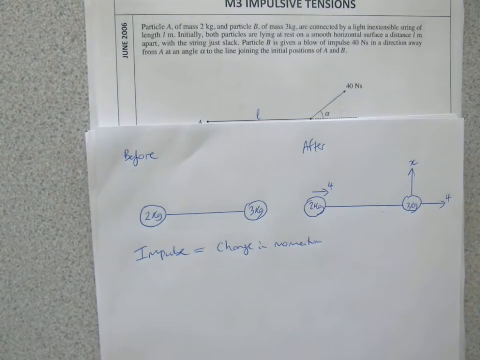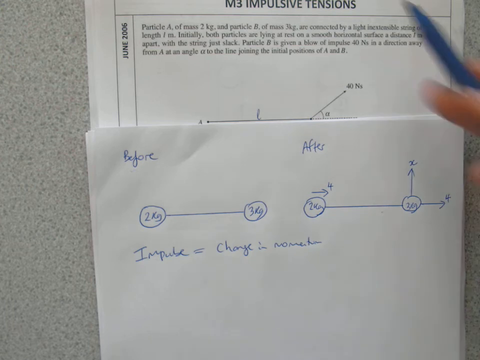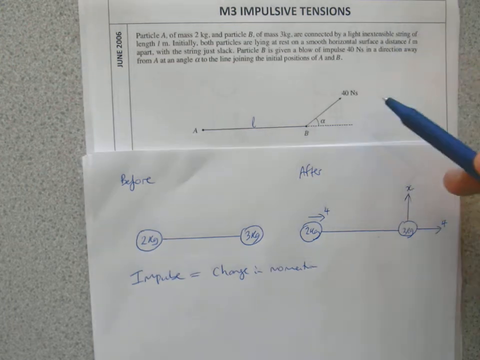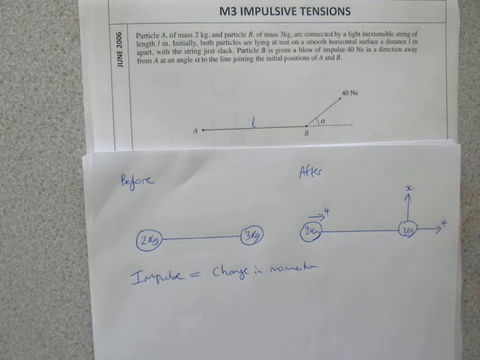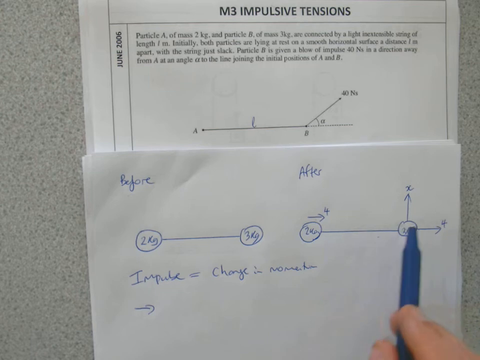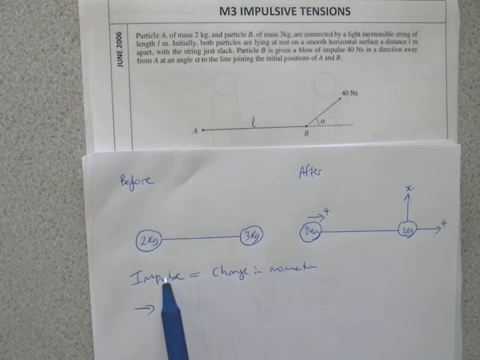Now, with this question, because they've given the impulse at an angle alpha, we need to consider the impulse horizontally and perpendicular to it. If we first consider what happens horizontally, we can see what the change of momentum is horizontally, and also what the impulse is horizontally.